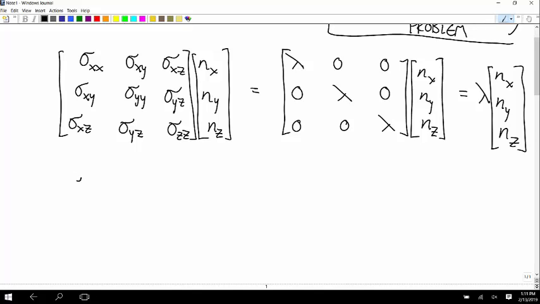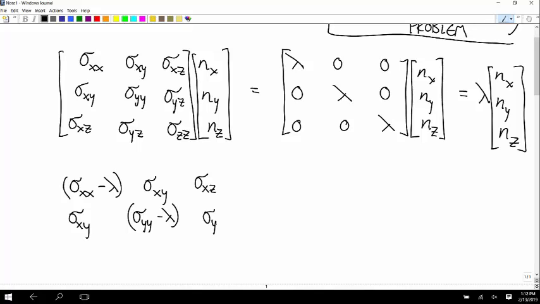You can do that as sigma xx minus lambda, sigma xy, sigma xz; sigma xy, and on the diagonal sigma yy minus lambda, then sigma yz; sigma xz, sigma yz, and on the diagonal sigma zz minus lambda.